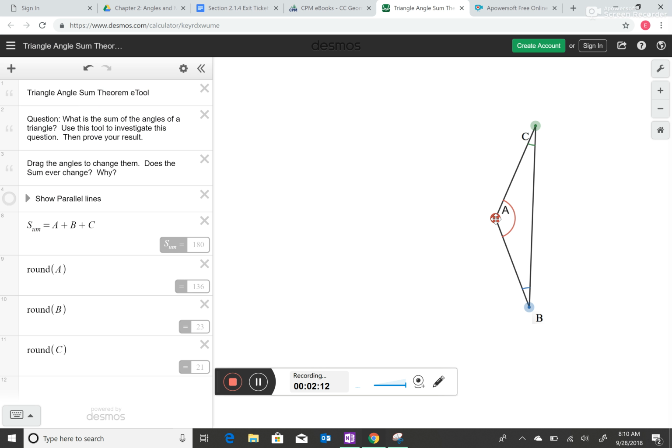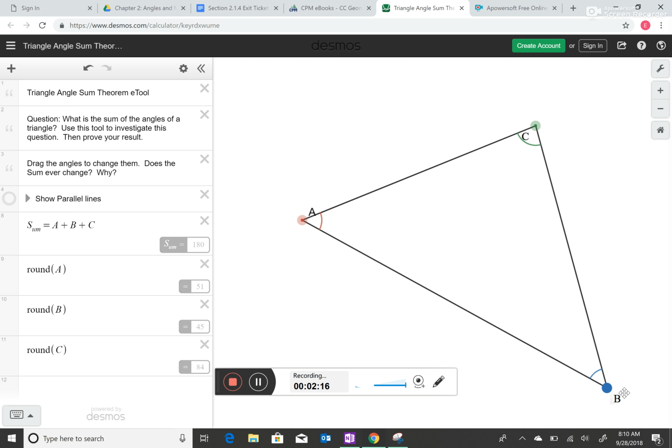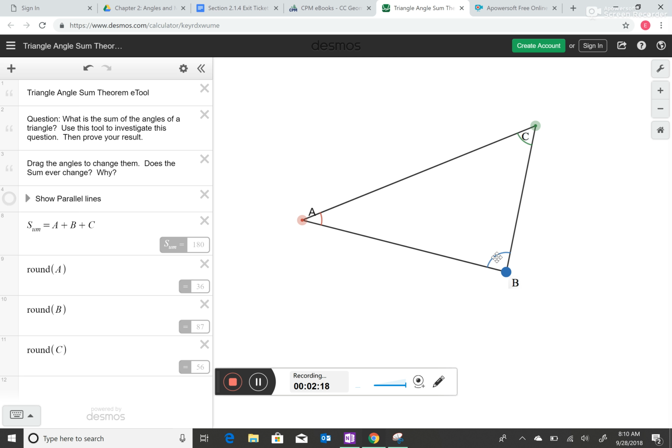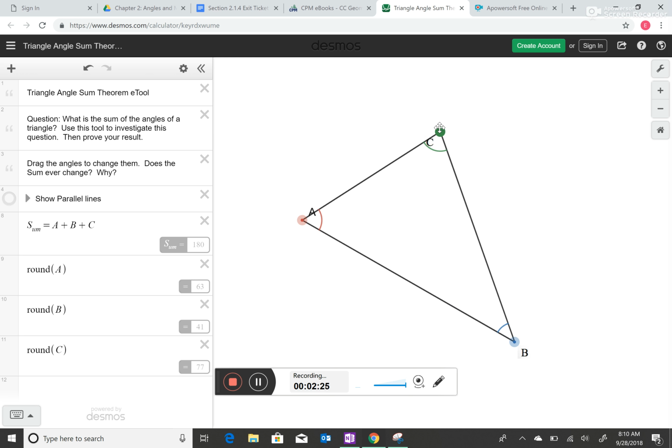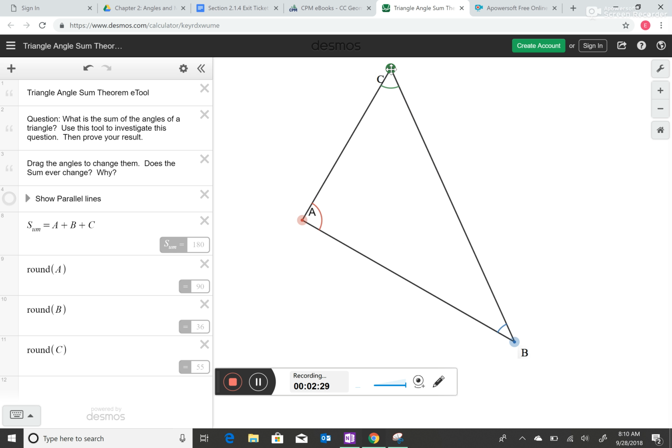So I'll first start with moving angle A around. So here it becomes obtuse. Now it's acute. I can move B around. It's getting smaller. It's getting bigger. And then I can move C around. I can make A a right triangle.